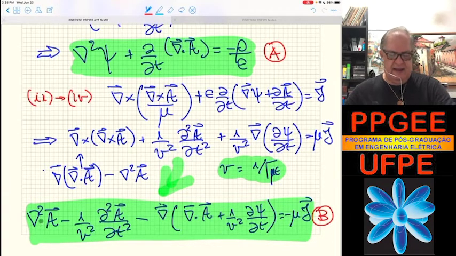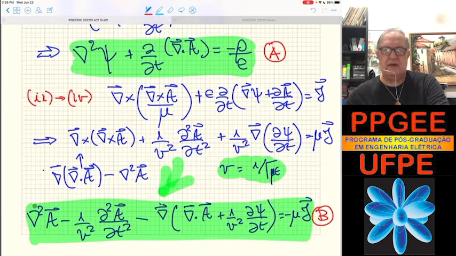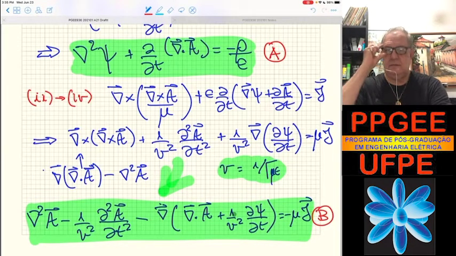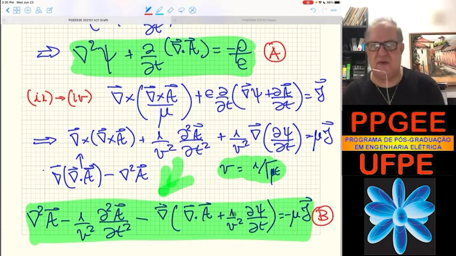So we have the equation that looks like the homogeneous wave equation. I mean, the term that appears in the homogeneous wave equation. Then you have a non-homogeneity here. We have this thing here. Then you have this term that couples both A and psi. Okay. So formally, that's the way to solve it.